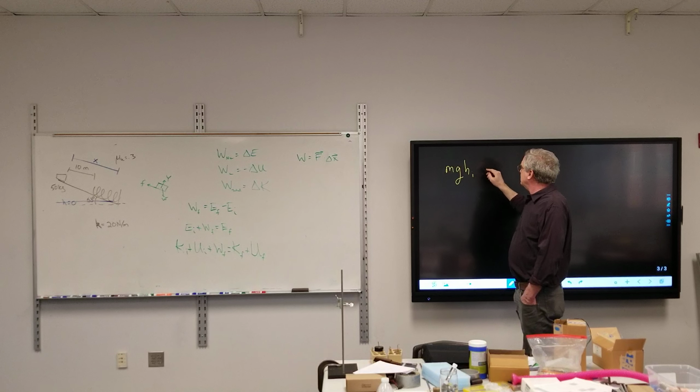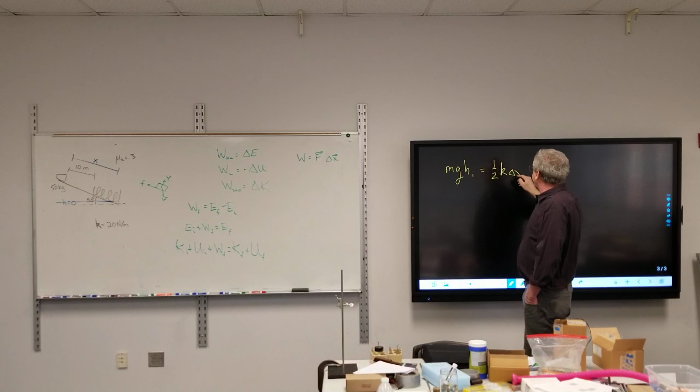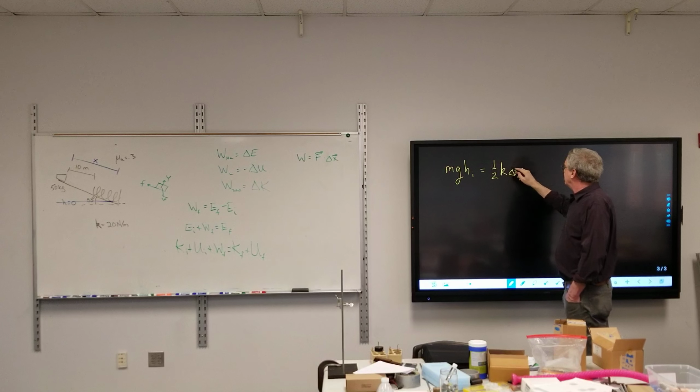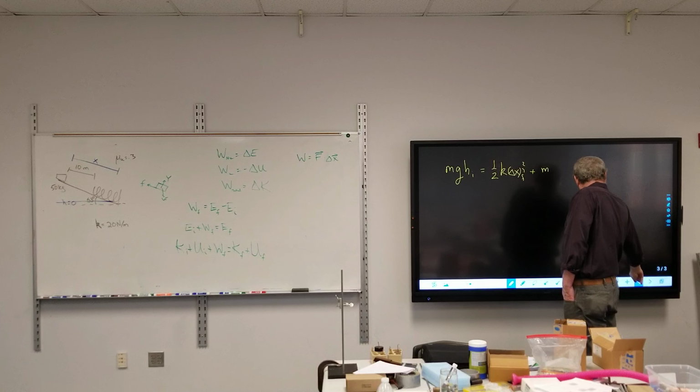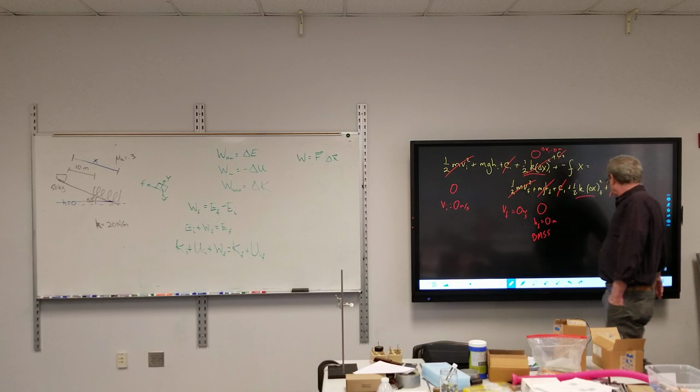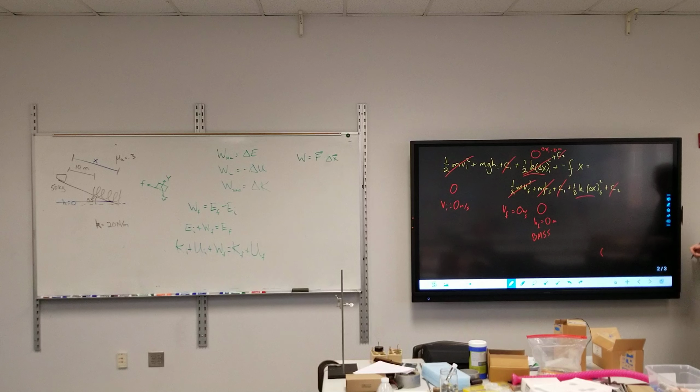mgh initial equals 1/2 k delta x final squared, plus the negative fx. Can you go to the last screen? Yeah, thank you.